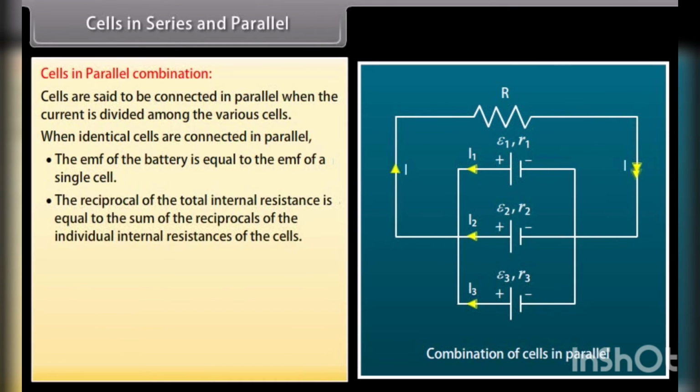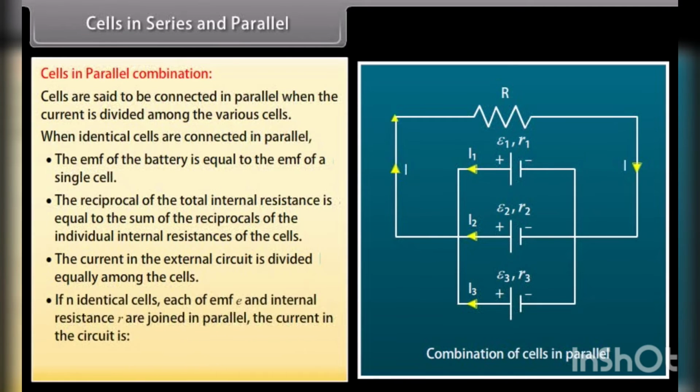The reciprocal of the total internal resistance is equal to the sum of the reciprocals of the individual internal resistances of the cells. The current in the external circuit is divided equally among the cells. If n identical cells, each of EMF E and internal resistance R, are joined in parallel, the current in the circuit is equal to nE divided by (nR + R).